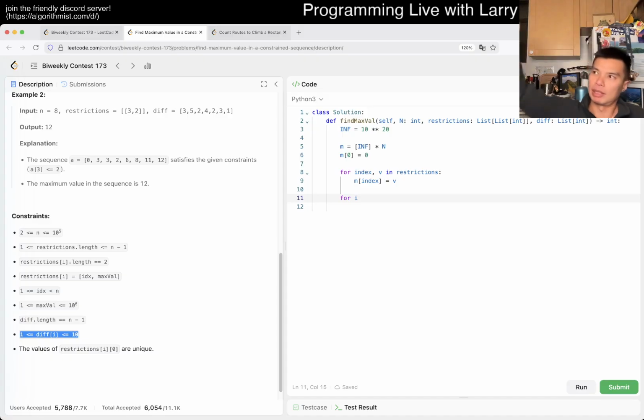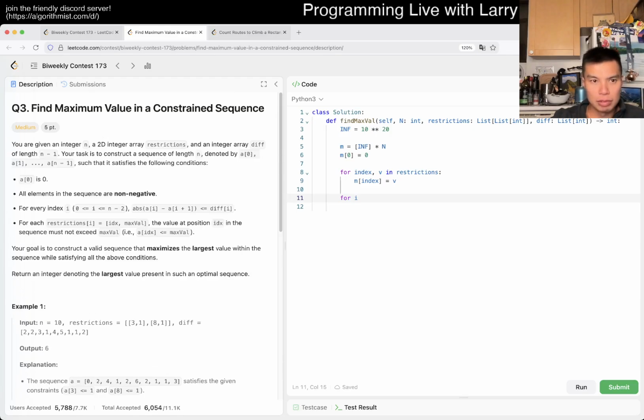You have to back propagate the actual max. But does the 10 limit the things that we can do? I think the visual. I don't know that I understand this one.